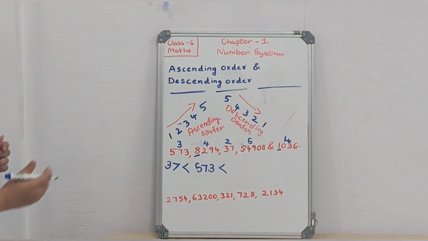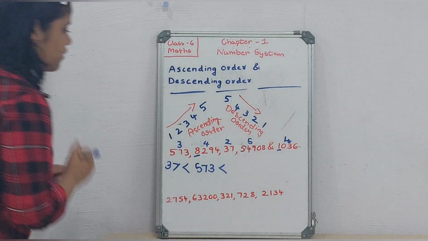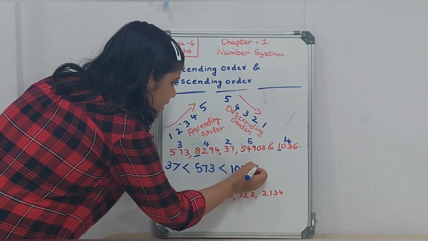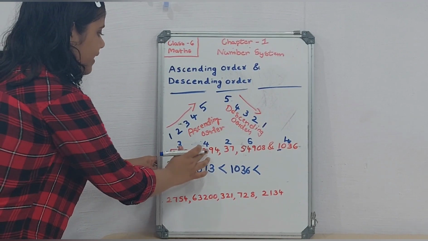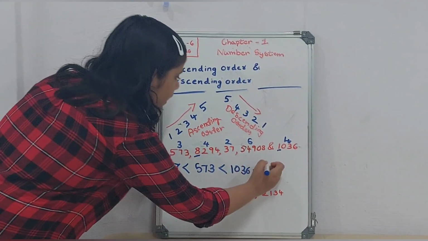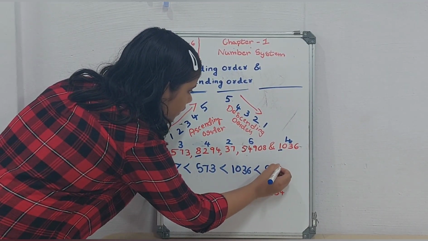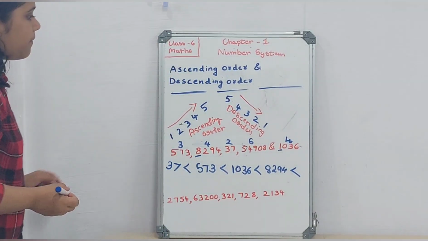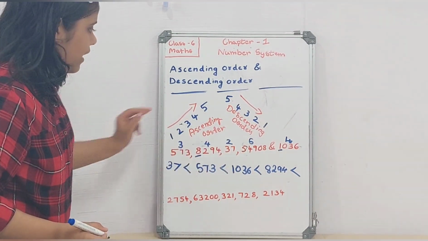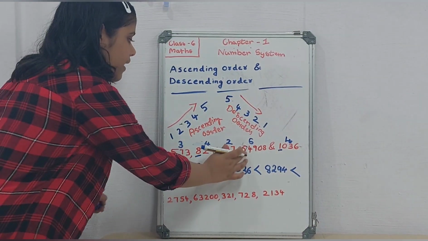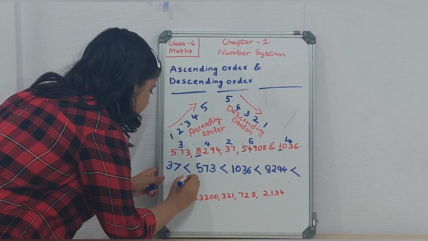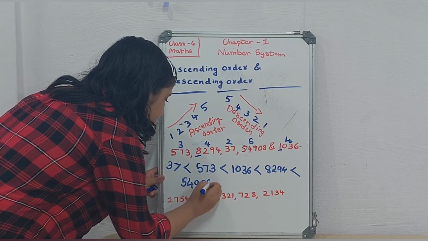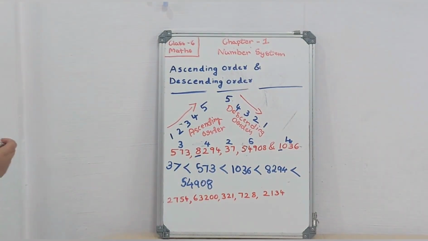But 1 we have to write first because it's in ascending order. So 1, 0, 3, 6 is smaller than 8, 2, 9, 4. 8, 2, 9, 4 is smaller than, what is it? 5-digit number. Lastly, we have the 5-digit number, that will be 5, 4, 9, 0, 8. Okay. Now the first question is done.